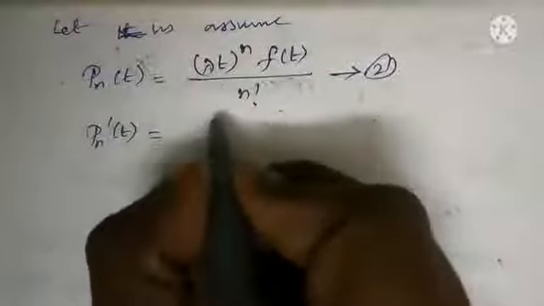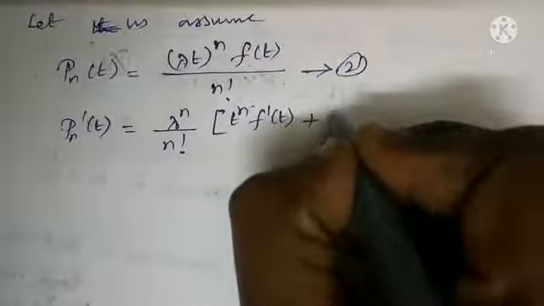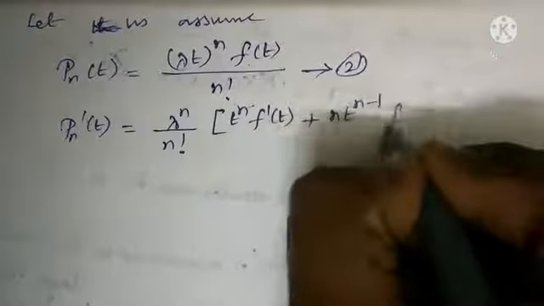Differentiate it. Pn dash of t equal to, what will it become if I differentiate? I can take lambda power n by n factorial outside, UV method. Keep t power n, differentiate f of t, plus keep f of t, differentiate t power n.